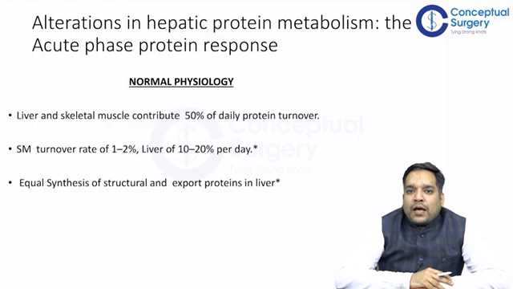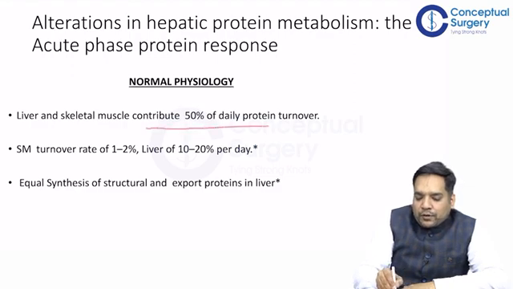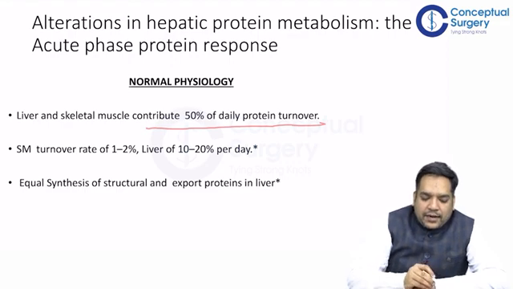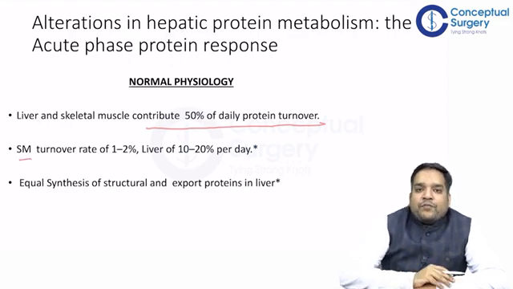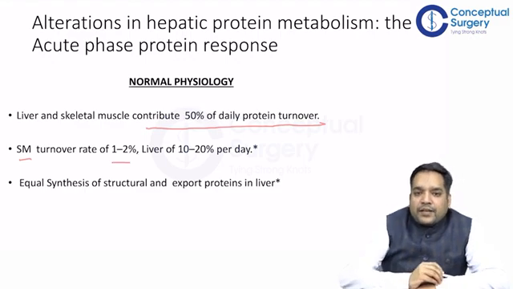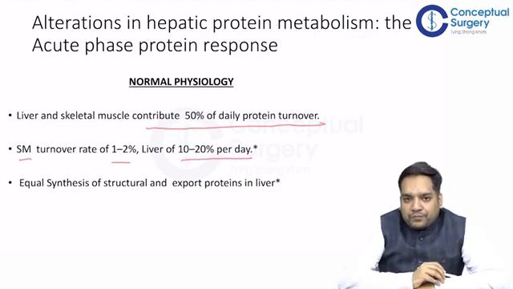So now I am going to discuss the acute phase protein response theoretically. I am going to discuss first about normal physiology. Liver and skeletal muscle contribute 50% of the total body protein turnover. This is very important, right? It is seen that skeletal muscle, despite its larger mass of 4 kg, only contributes 1 to 2%, whereas the liver, being a little smaller, contributes 10 to 20% per day of turnover of protein, right?